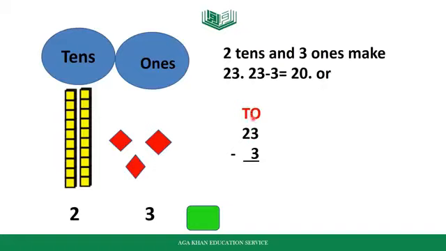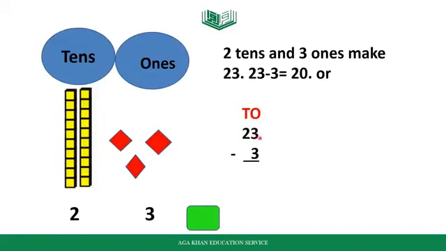Place value is ones and tens, and we always start from the ones column. First we write O. O stands for ones. Then we put a T next to it. T stands for tens. So we have three ones and two tens in the number 23.